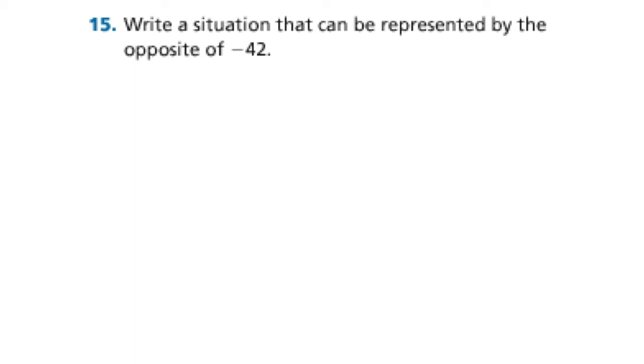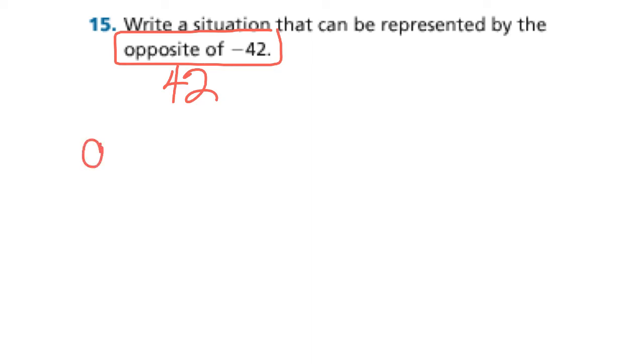Question 15. Write a situation that can be represented by the opposite of negative 42. This is where we need to be careful to read, as it says opposite of negative 42. What is the opposite of negative 42? It is positive 42. So we want to come up with a situation that can be represented by the number 42.